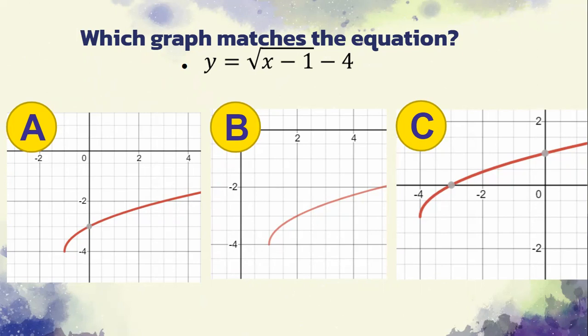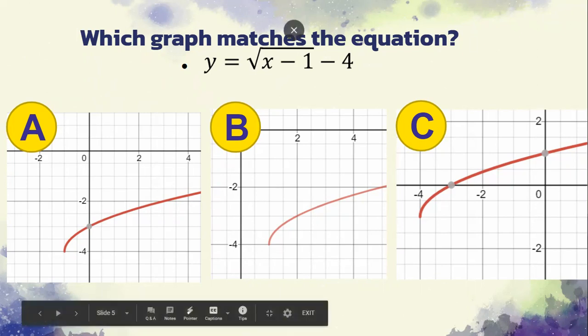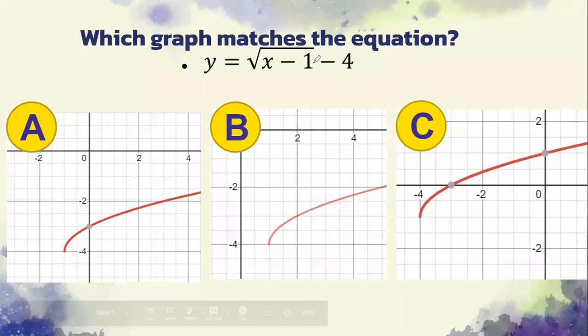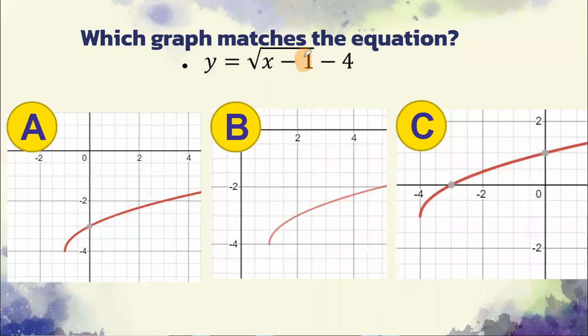Well, let's sit here and think about what we have going on. As I'm looking at this equation, I realize we have an h value of -1. H is -1, which means we're actually going to move right 4 units. Or I'm sorry, right 1. The -1 means we're going to go right 1 unit.